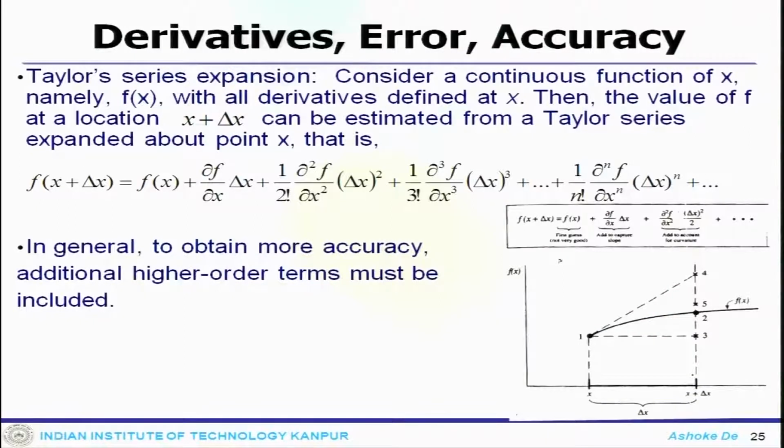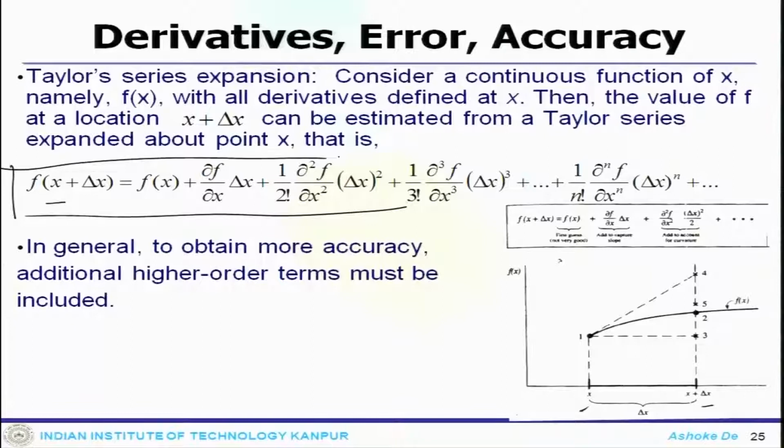Now, when you consider this Taylor series system, if you have a point x and x plus dx and you have a function, you can define the generic Taylor series expression like that, and using this any derivative can be approximated.